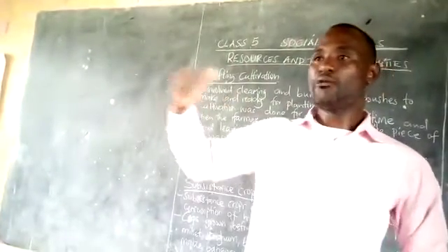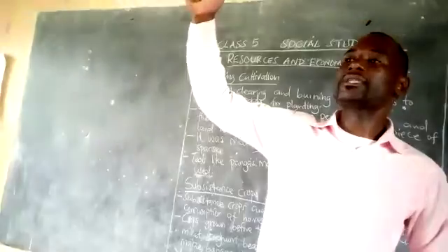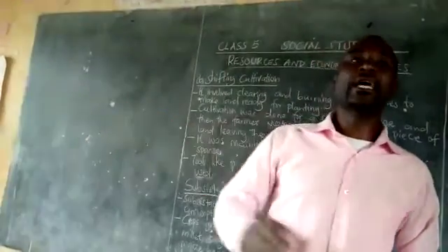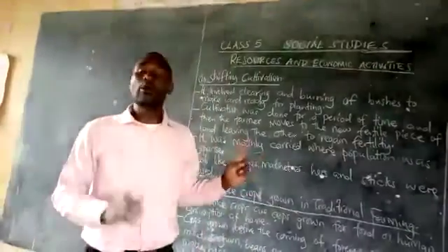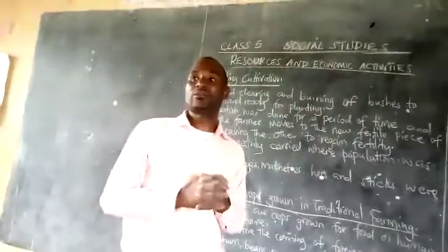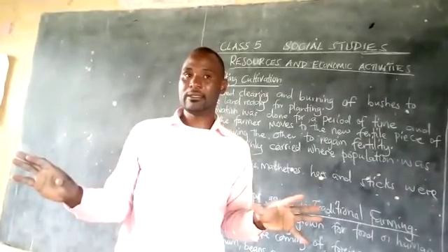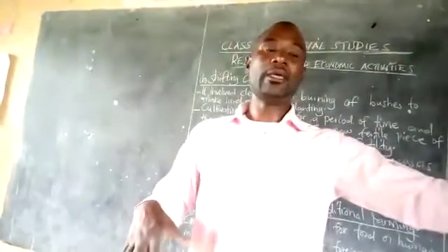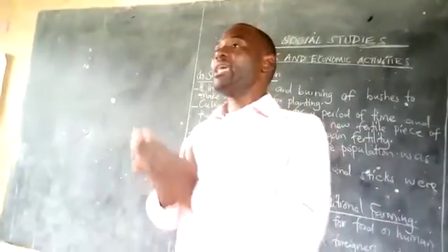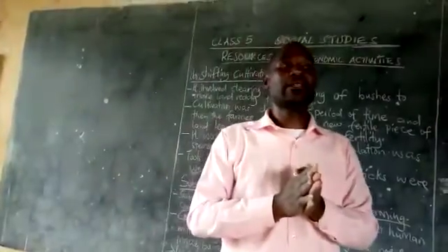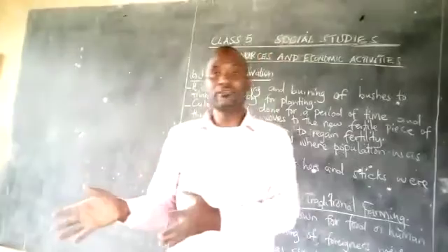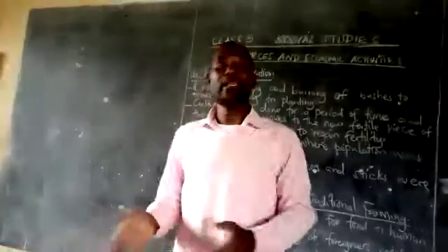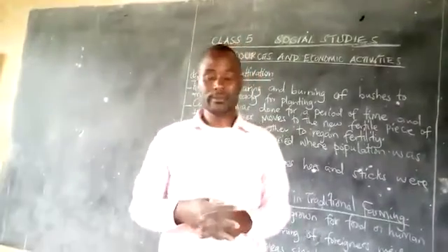Remember, in bush fallowing, we said it was carried out in areas that had large pieces of land, but here it is carried out where the population is low. So that is the difference. One, it is carried out in areas where there are large parcels of land. Then shifting cultivation is done in areas where there is low population.